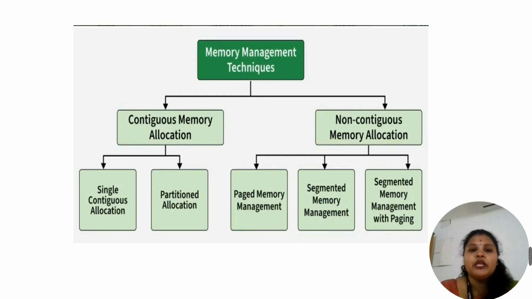This is an architecture view of the memory management techniques. In contiguous memory allocation, we will see single contiguous allocation and partition allocation. In non-contiguous memory allocation, we'll see paged memory management, segmented memory management, and segmented memory management with paging.